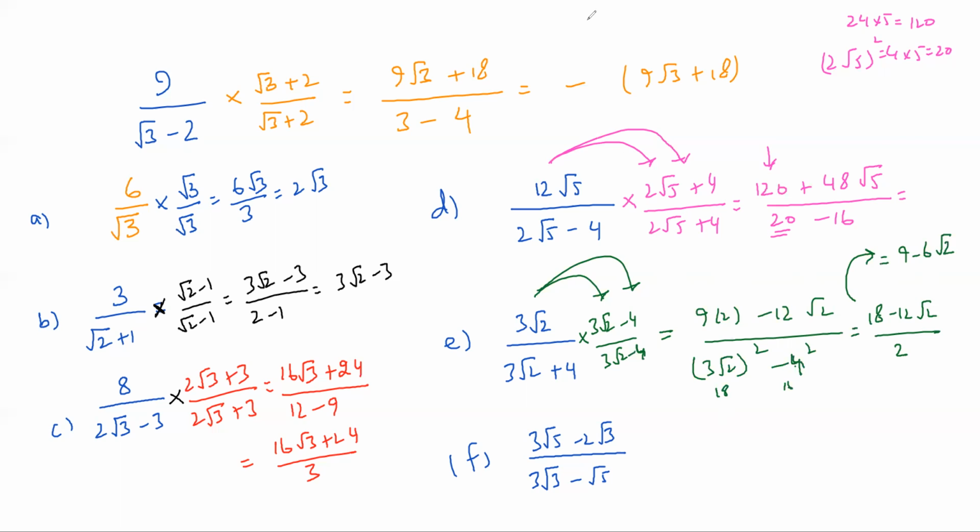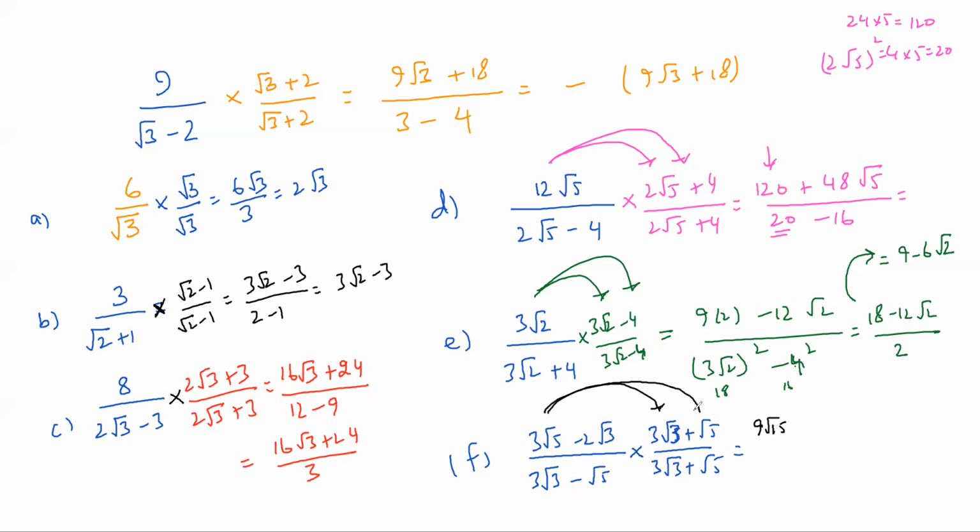Now for this last one, we have here, this is times 3 under root 5, 3 under root 3 plus under root 5 over 3 under root 3 plus under root 5. Okay, so we have this into this is 9 under root 15.